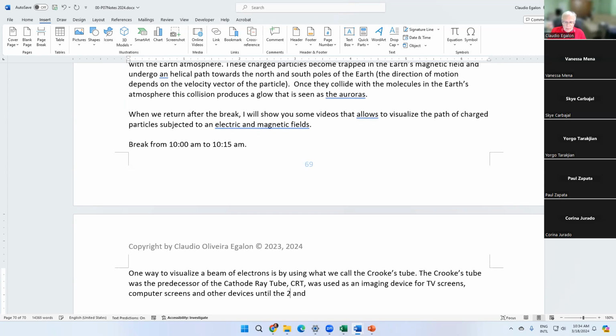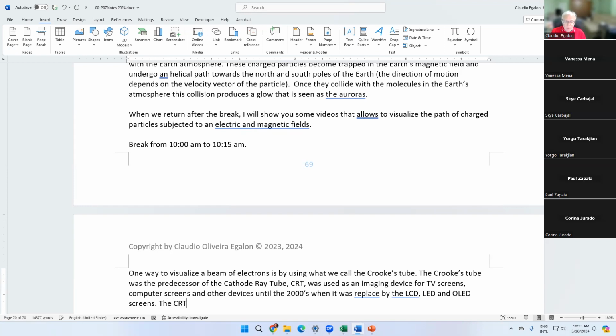Until the year 2000, when it was replaced by the LCD and LED and OLED screens.